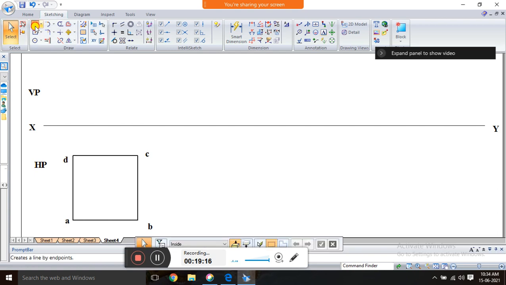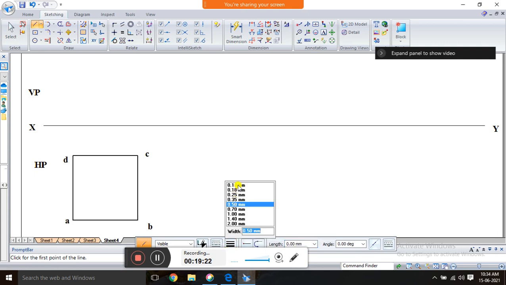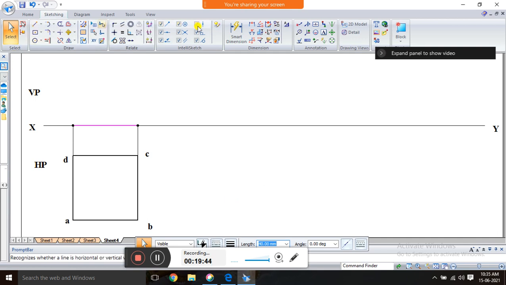After this, again the same thing, you have to project all the points. Here B and C are merged, and A and D are merged. That's why there are only 2 lines. If they are not merged, you will get 4 different lines, and you have to name them.